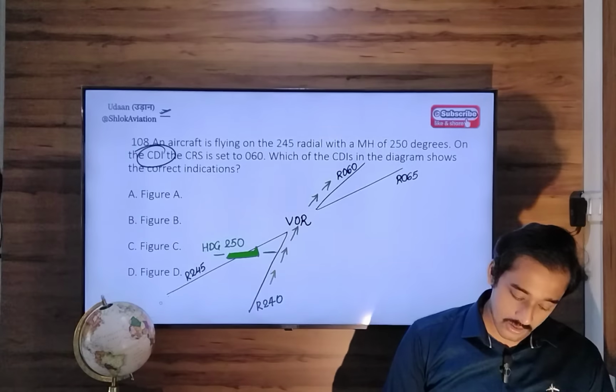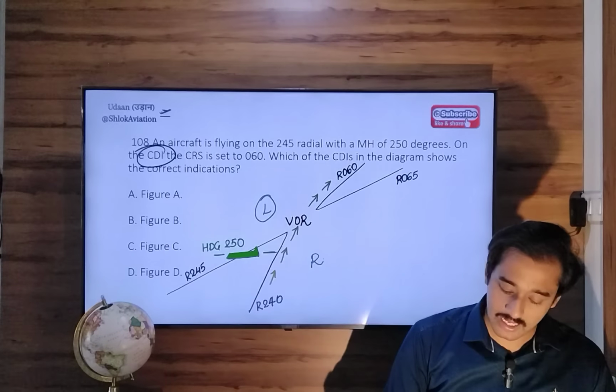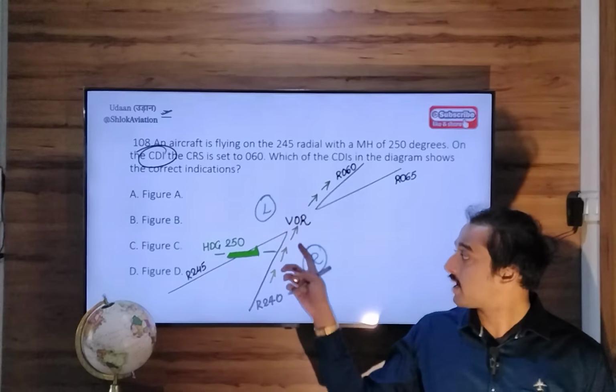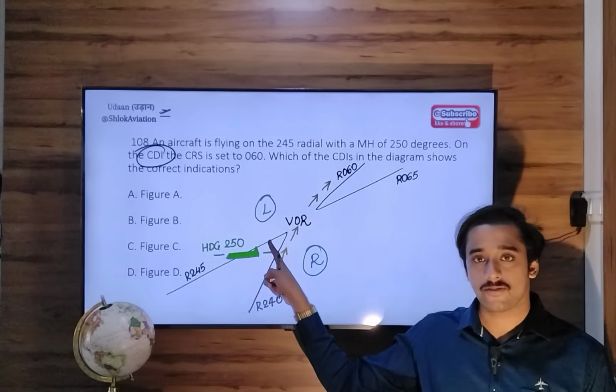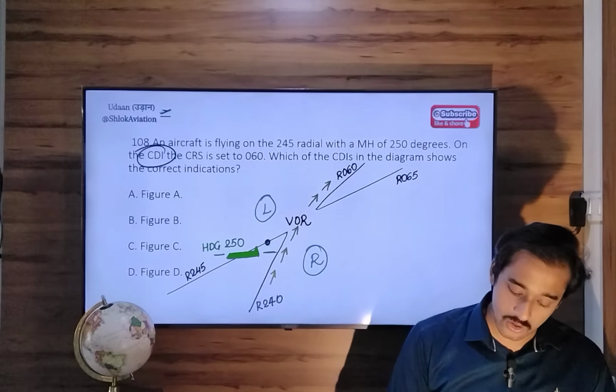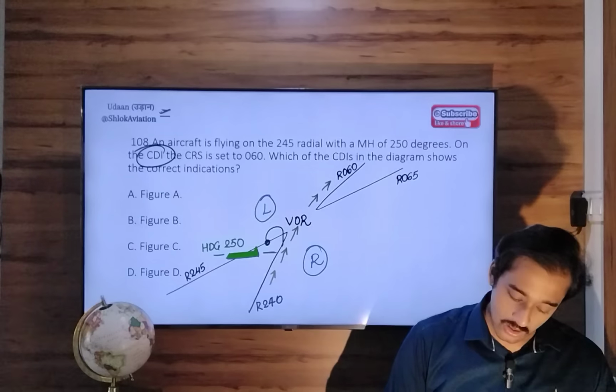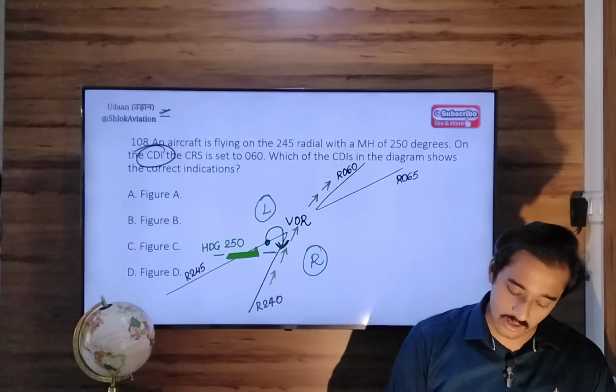Now going inbound, this becomes your left hand side, this becomes your right hand side, right? Currently we are on radial 245. From this radial 245, we have to come to the radial 240.